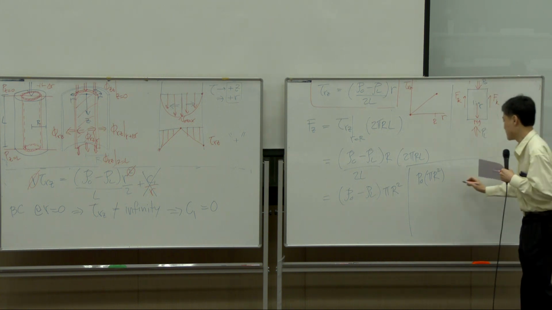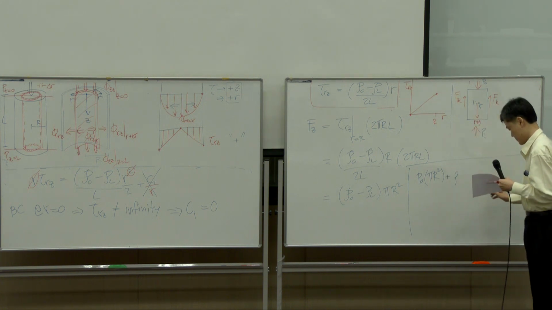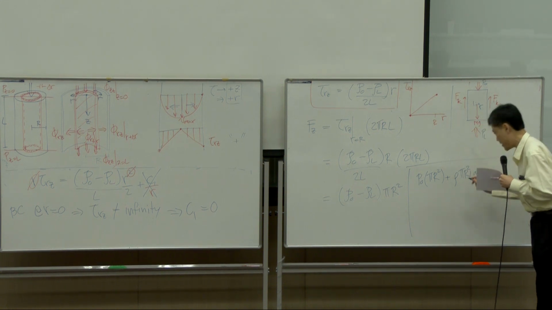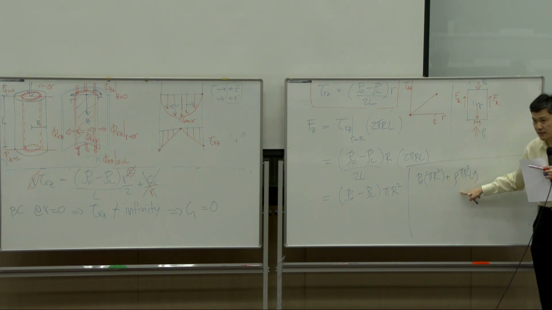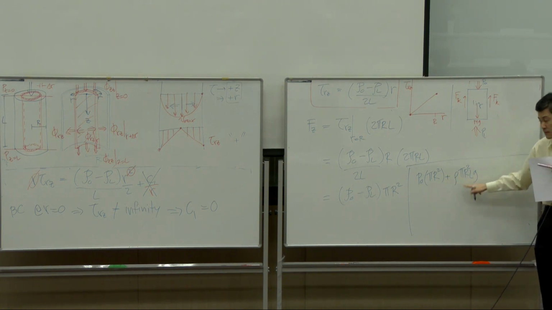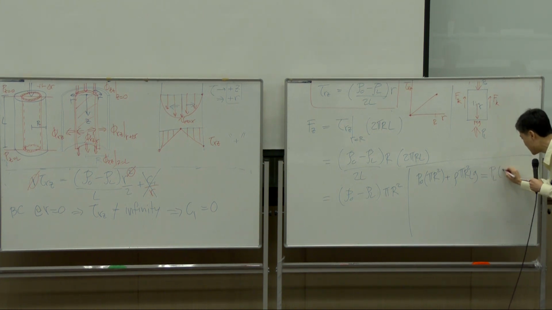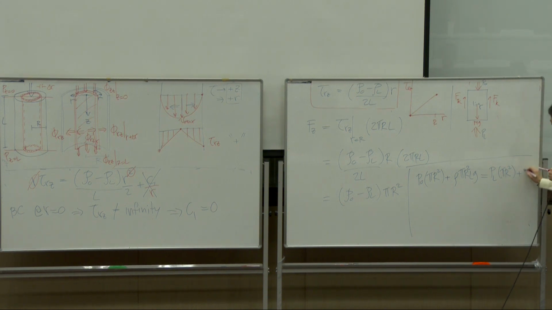Gravity force, mg, is density times volume, pi r squared L g. So these two terms are basically the force going down. The force going up is basically pressure at L times pi r squared, added to Fk.